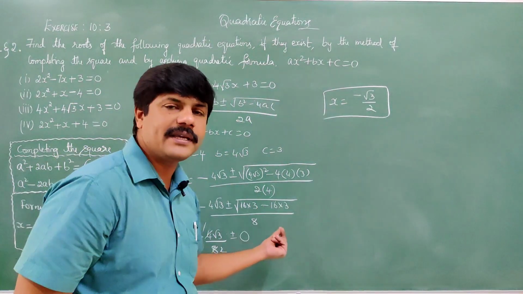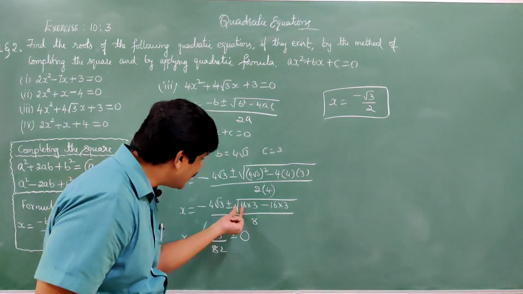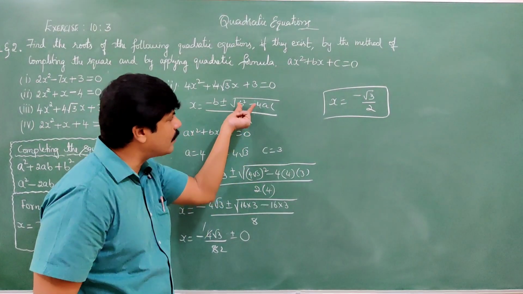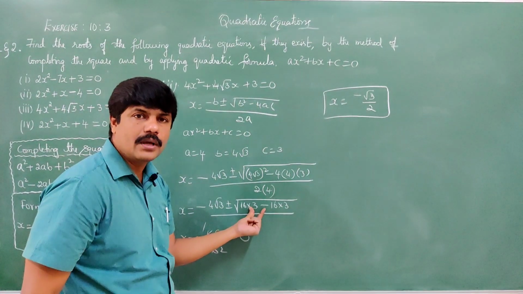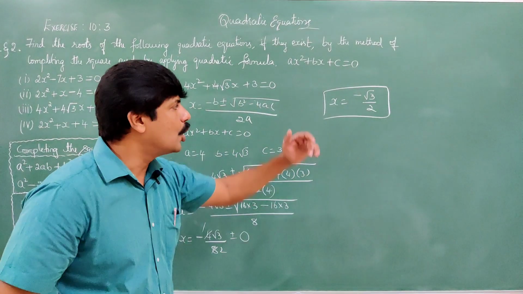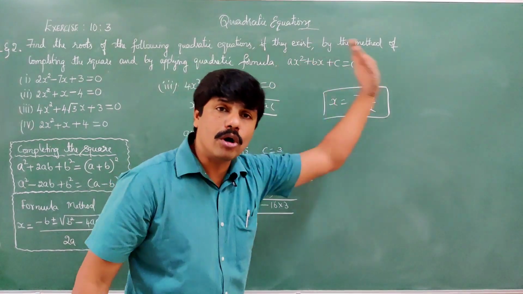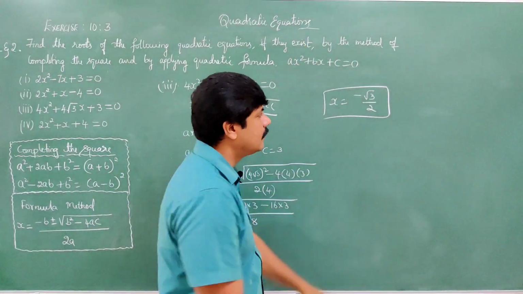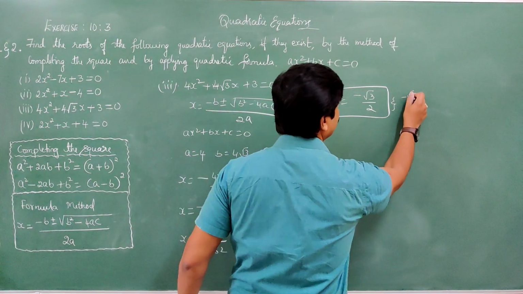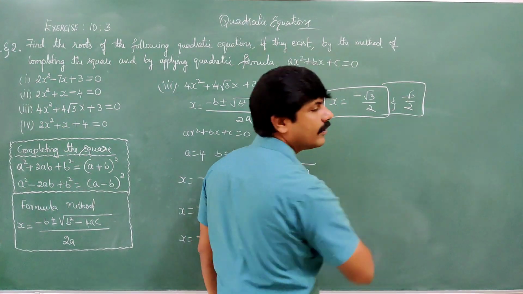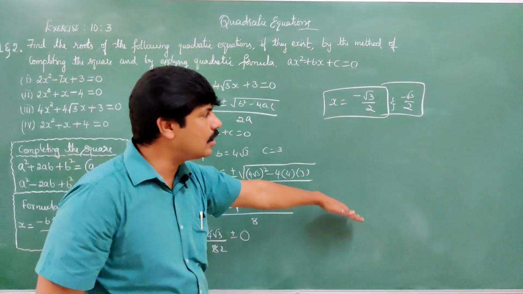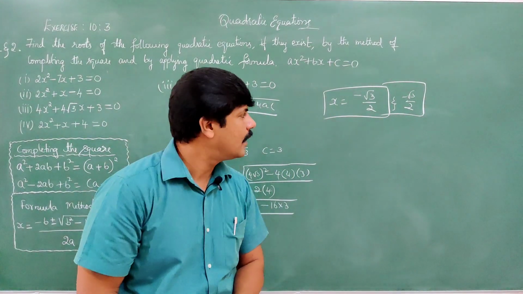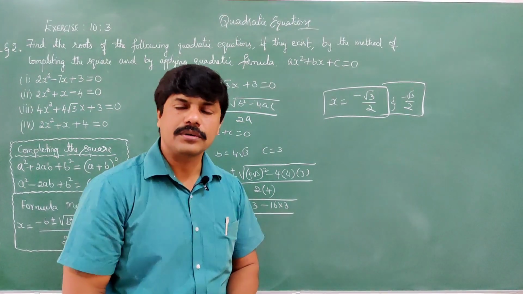The discriminant b square minus 4ac, this value has become 0, which means the roots are the same. That means both values are minus root 3 by 2 and minus root 3 by 2. By the formula method also, you have got the same roots.